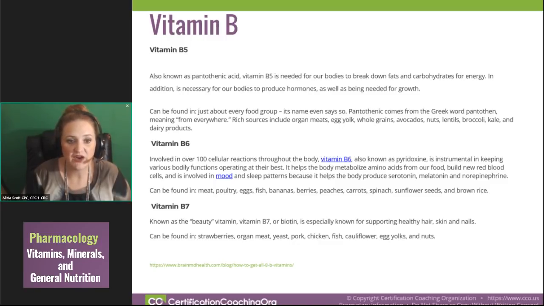A little extra B5 is helpful. It also helps with hormones in the body. As we get older, we produce less hormones. Just a fact of life.